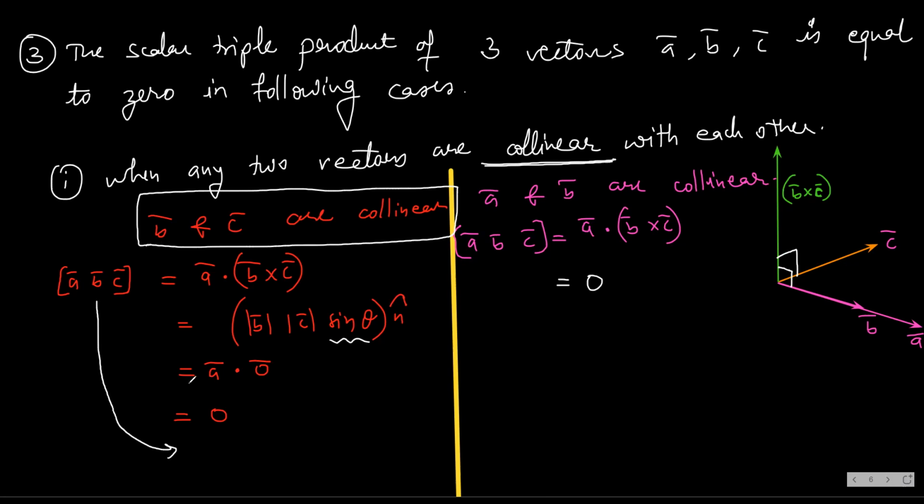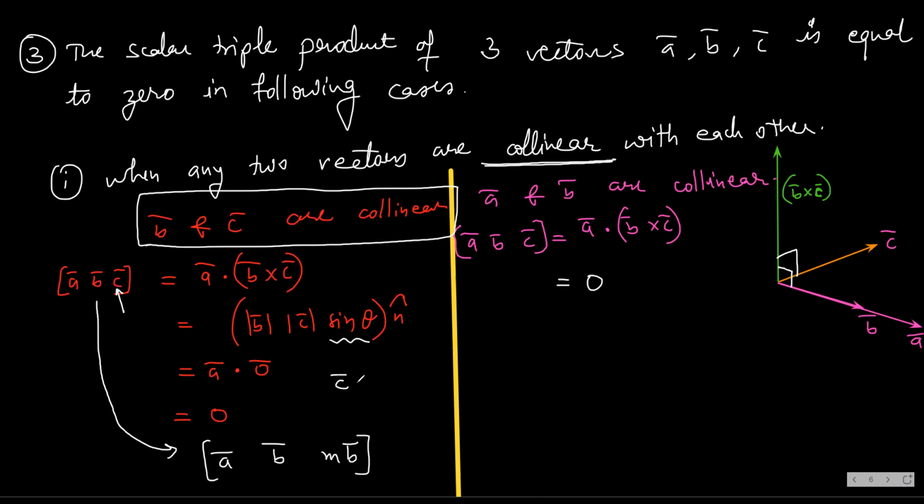This a bar, b bar, c bar will look like a bar, b bar, and m times b bar. Since b bar and c bar are collinear to each other, I can definitely write c bar as a scalar multiple of b bar.